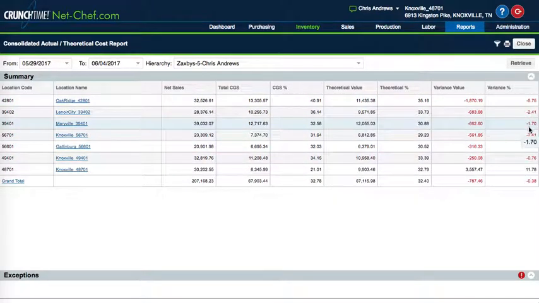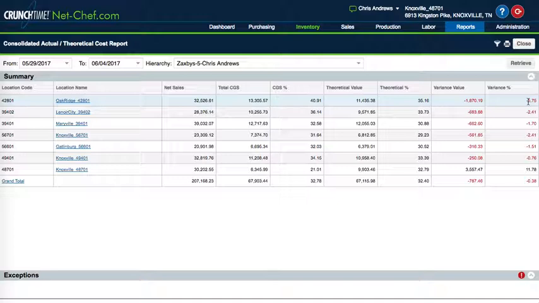If you're doing a really good job, you'll typically see some stores that are under 2%, and that's a really, really good job of doing accurate counts. You can see Oak Ridge here with a 5.75. That's a little bit high. So we may either have an inaccurate count, or maybe there's product that we didn't waste correctly.